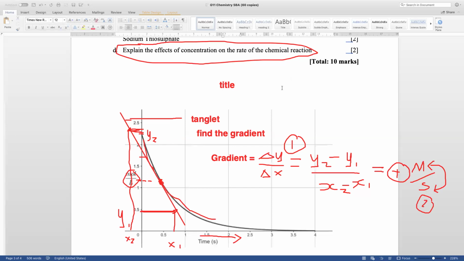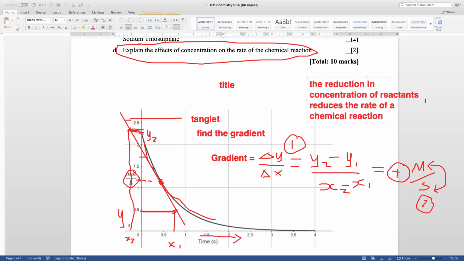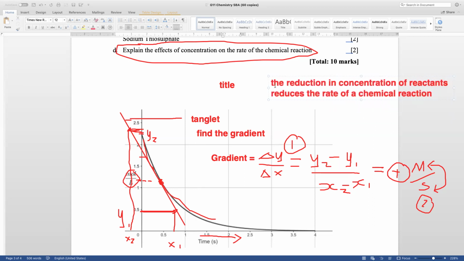So you can say the reduction in concentration of reactants reduces the rate of a chemical reaction. Or you say the higher the concentration, the faster the rate of a chemical reaction. There are many ways in which we can explain this question. So you need to be smart.